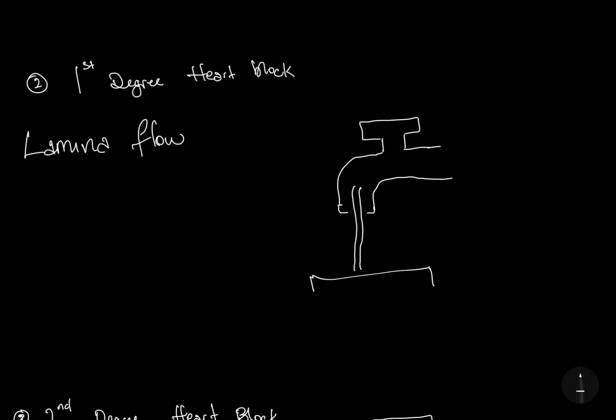Okay, how is this going to remind you of first degree heart block? Well, the faucet itself would represent electrical activity from the atria. The water represents the electrical activity or an impulse.